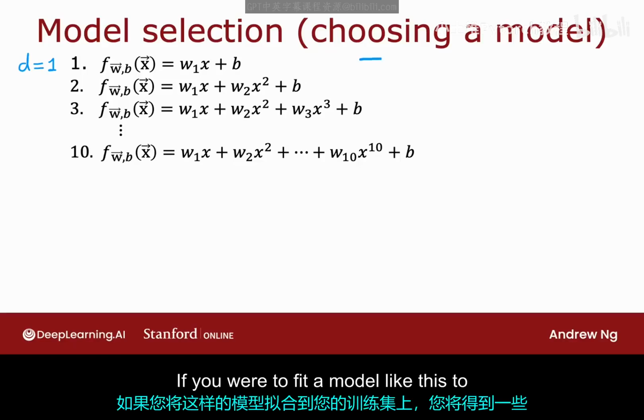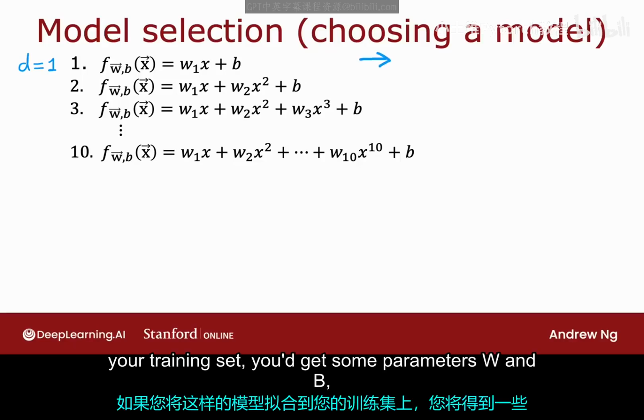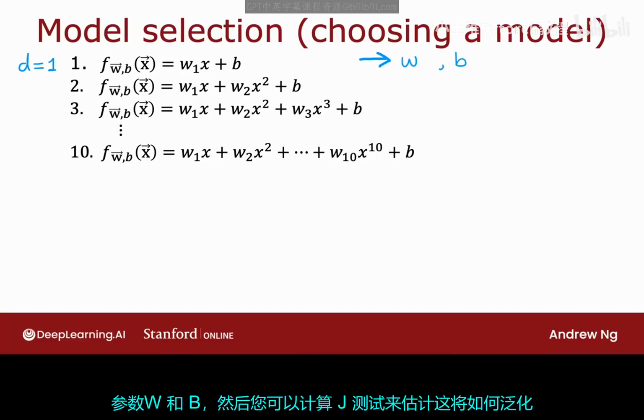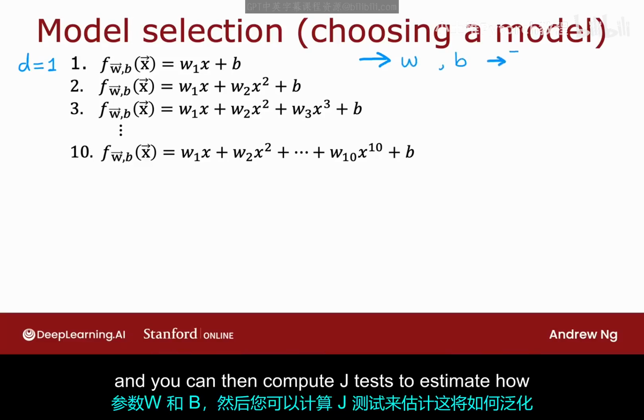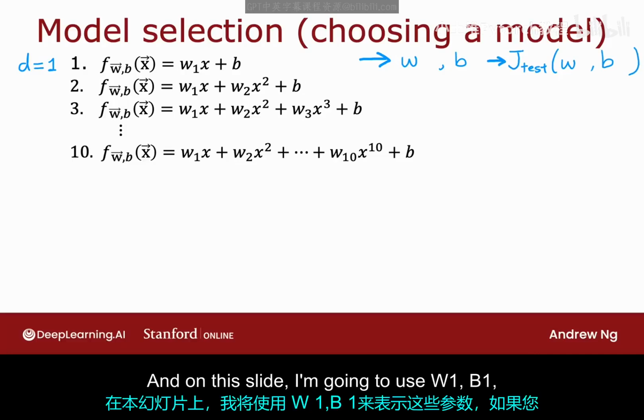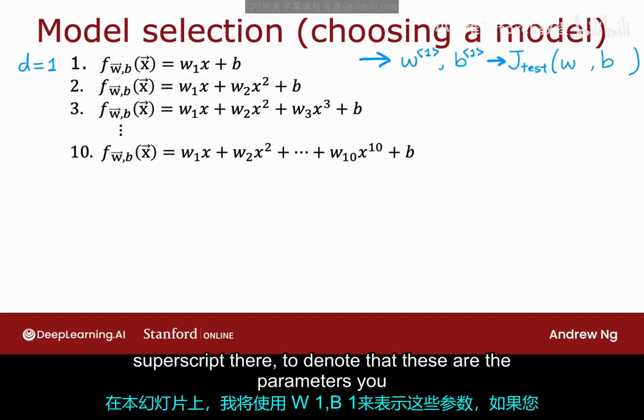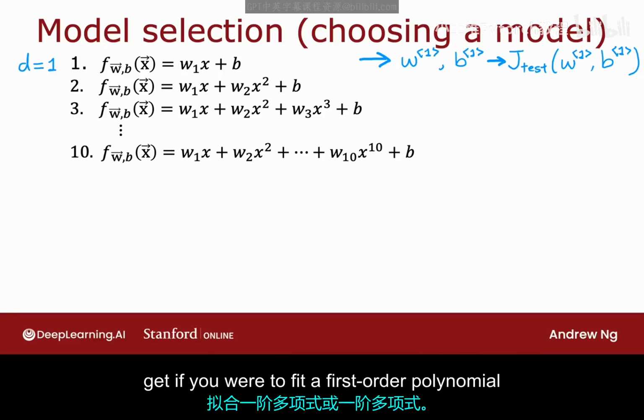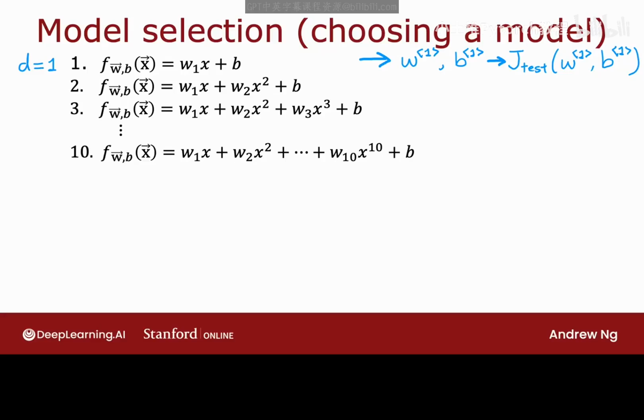If you were to fit a model like this to your training set, you get some parameters w and b, and you can then compute J-test to estimate how well this will generalize to new data. And on this slide, I'm going to use w1, b1, superscript there, to denote that these are the parameters you get if you were to fit a first order polynomial, or degree 1, d equals 1 polynomial.